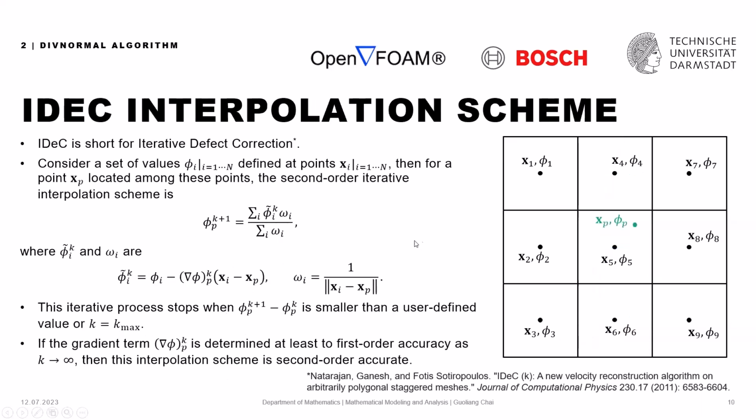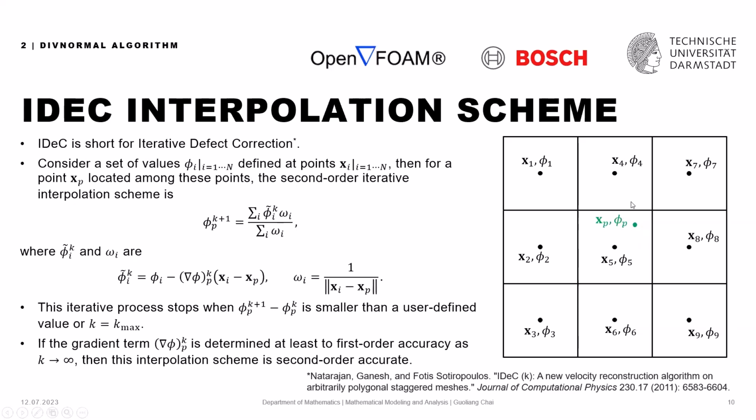And then we propose an interpolation scheme. It's called IDEC. IDEC is short for iterative defect correction. It's a reference from this GCP paper, and it's basically an iterative method. So you see, we're using the interpolation scheme like this.